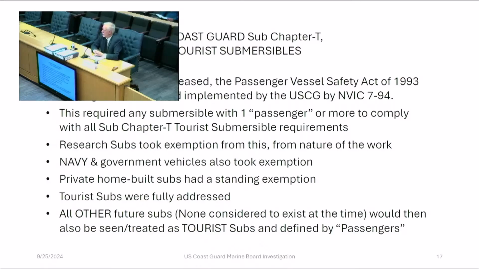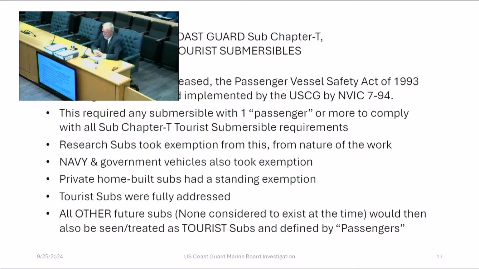This made a modification to the guidance that was produced in 1993, which was a result of many years of study from multiple agencies that came up with a number of categories, identifying categories of submersible vehicles. The new modification required that any submersible with one passenger or more had to comply with all the Subchapter T tourist submersible requirements. It's quite onerous.